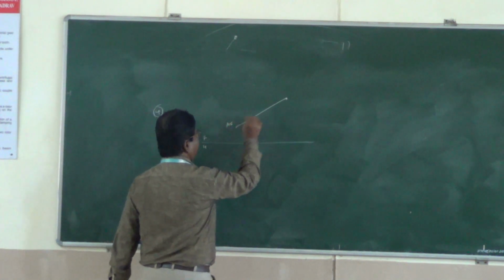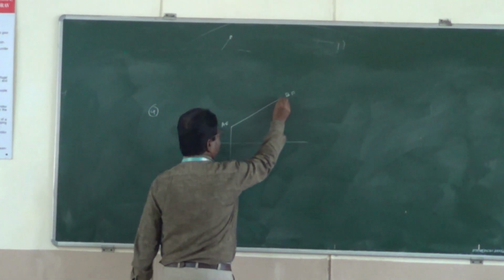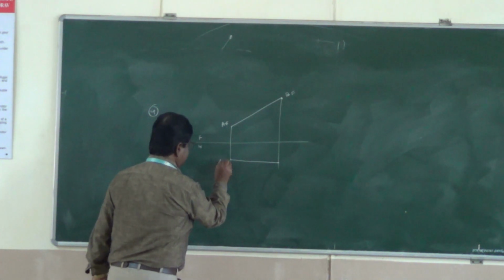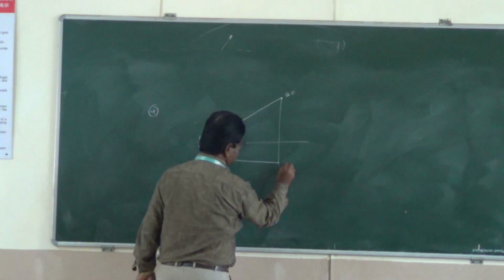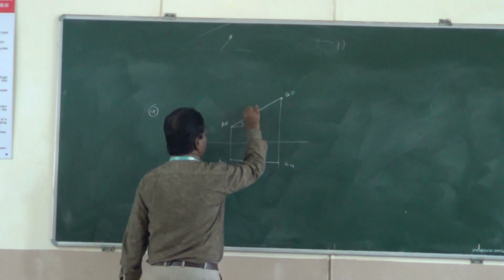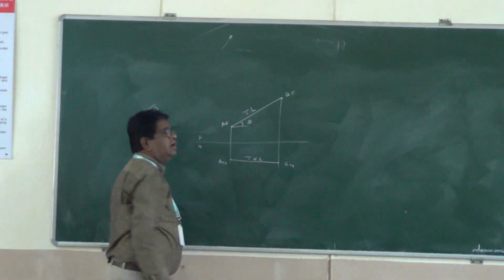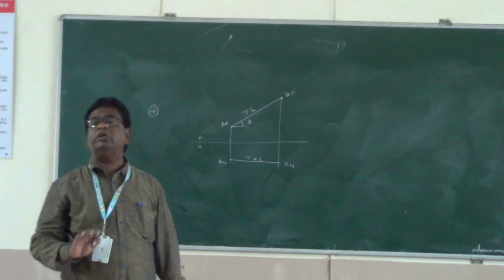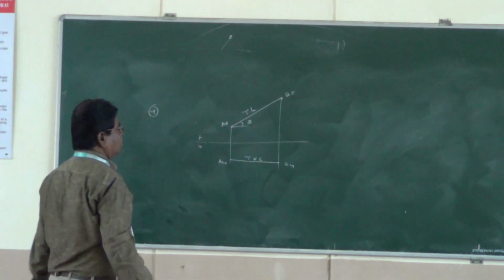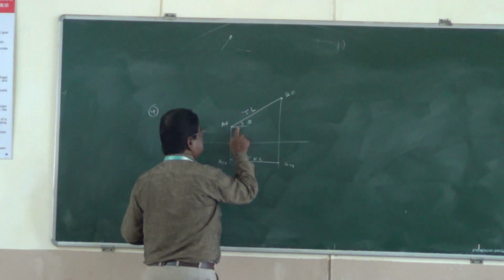This is a F, this is b F, and you project this point and you directly draw a line here. So that is a H, this is b H. Here, this is the angle theta, this is a true line, and this is a TVL, top view length, not a true line. It is a TVL, top view length, not a true line, and here it is a true line, and this is the angle.